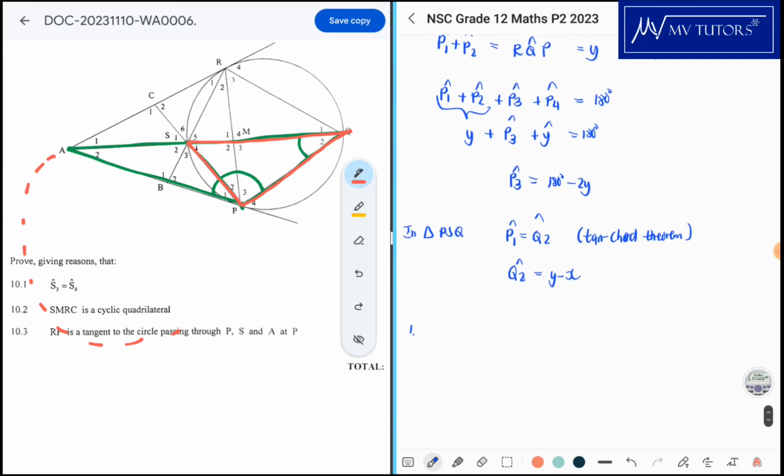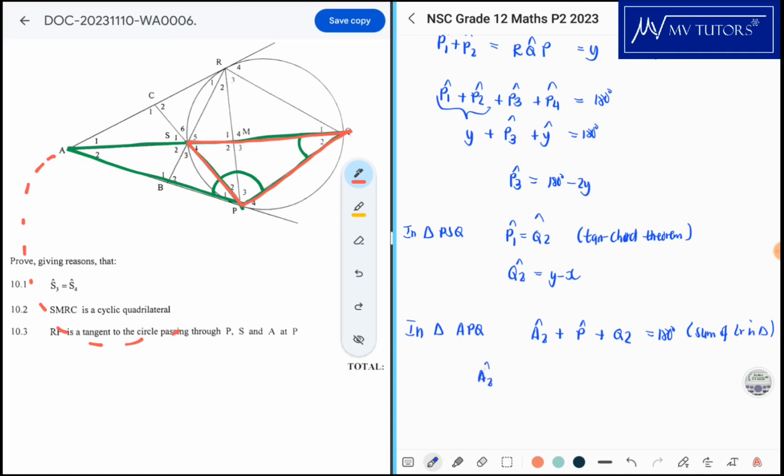Now looking at the big triangle, in triangle APQ, A2 plus P plus Q2 should be equal to 180 degrees because that's the sum of angles in a triangle. So A2 is what I'm looking for.